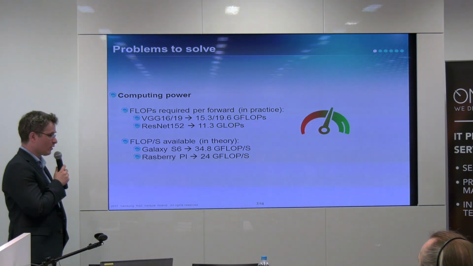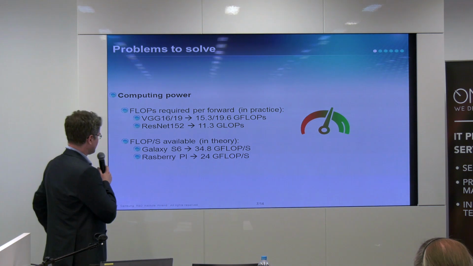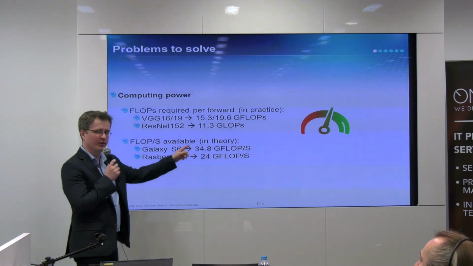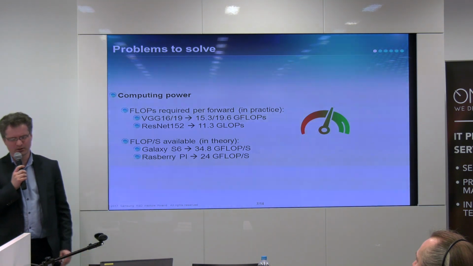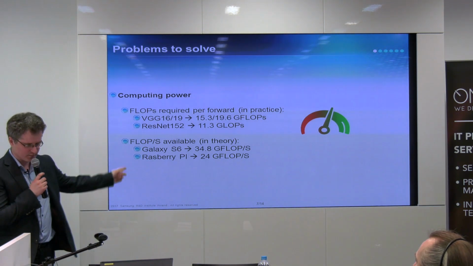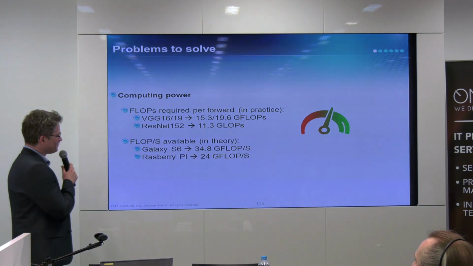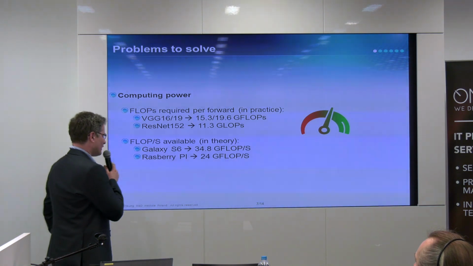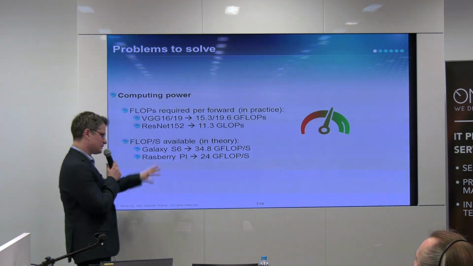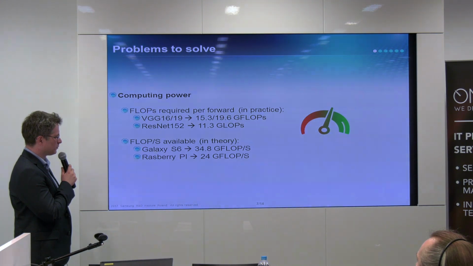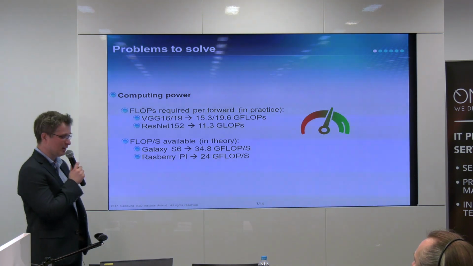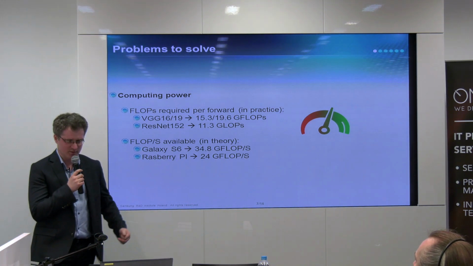So if we compare this to our performance in theory of devices like Galaxy S6 here or Raspberry Pi, this is in theory, you never reach this. So you can say that you are capable of, if you use this theoretical power, to have 2 or 1.5 frames per second. Yes, it's real time, yes.